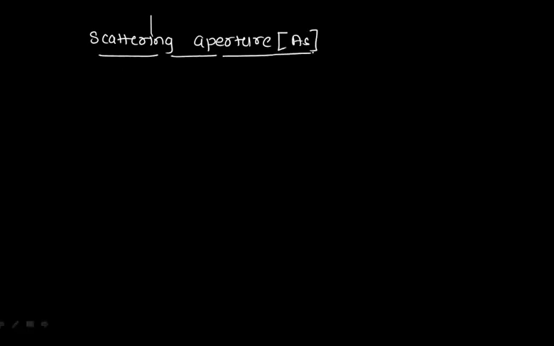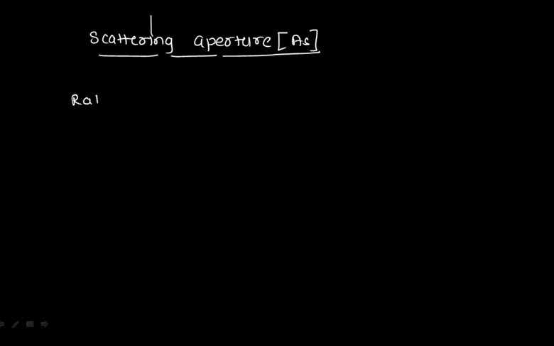The next aperture is the scattering aperture. You can correlate the scattering aperture with whatever power is scattered or radiated, called the scattering power, and the area contributing to that is called the scattering aperture. So we'll define this.